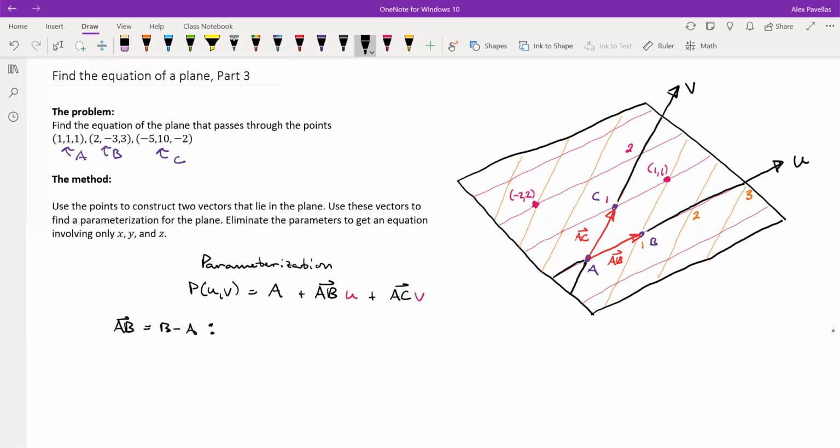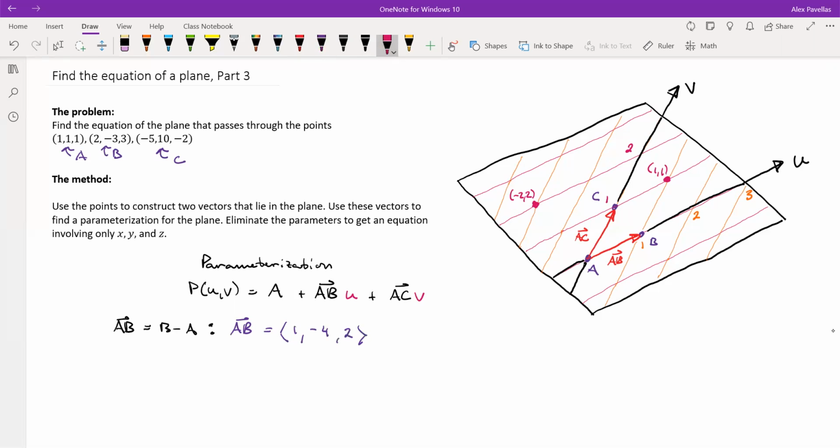And so the vector AB will be, so 2 minus 1 is 1. -3 minus 1 is -4. And then 3 minus 1 is 2.